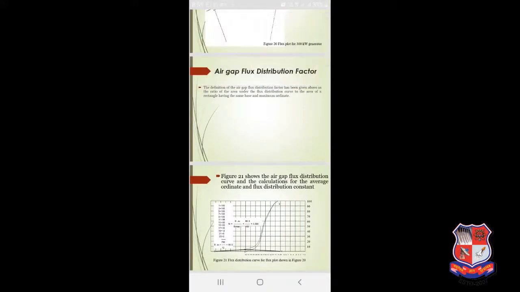Now this figure shows the air gap flux distribution curve and calculation for the average ordinate and the flux distribution constant. So from this graph, you can choose the value of the flux distribution and the flux.